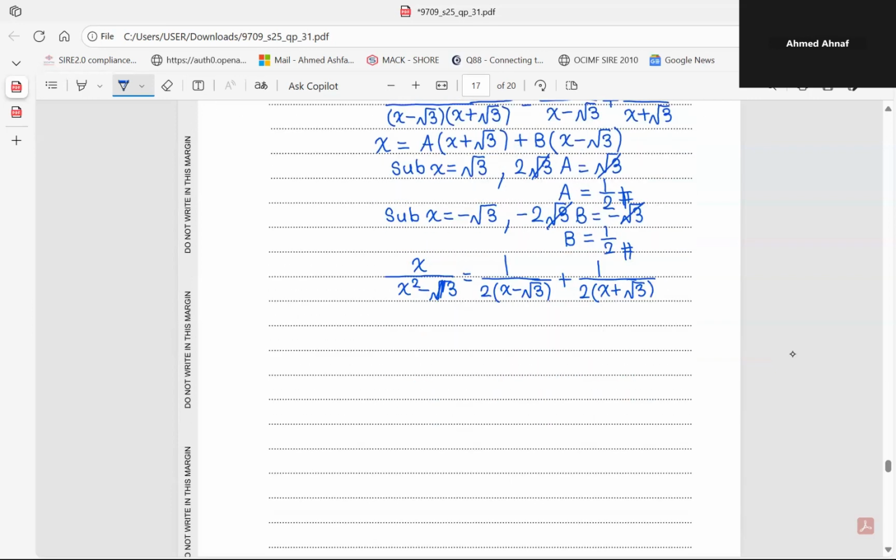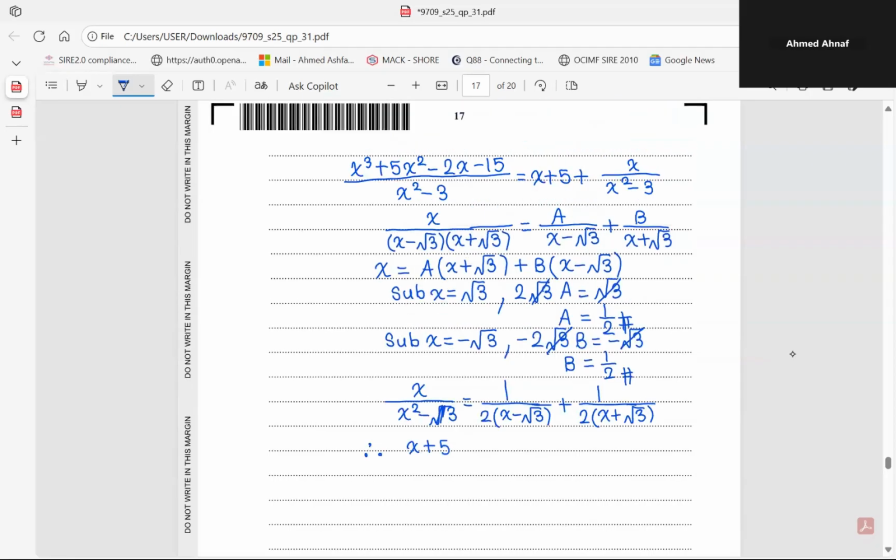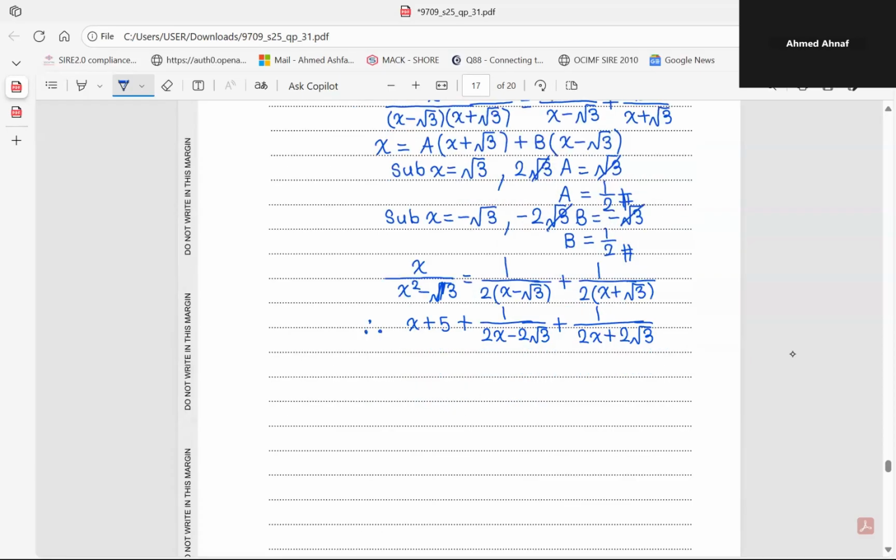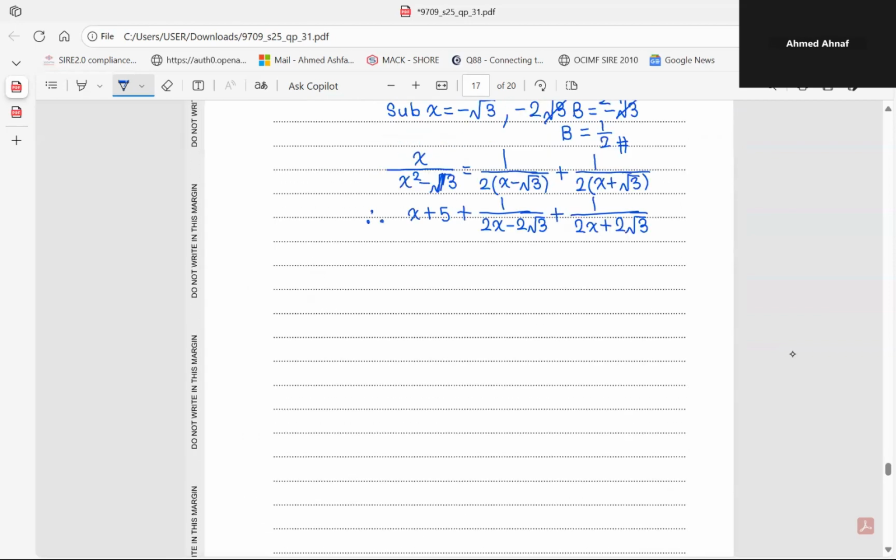So simplifying, our full expression is x plus 5 plus 1 over (2x minus 2 square root 3) plus 1 over (2x plus 2 square root 3). Okay, so this is our final answer. Now we can start to integrate this.